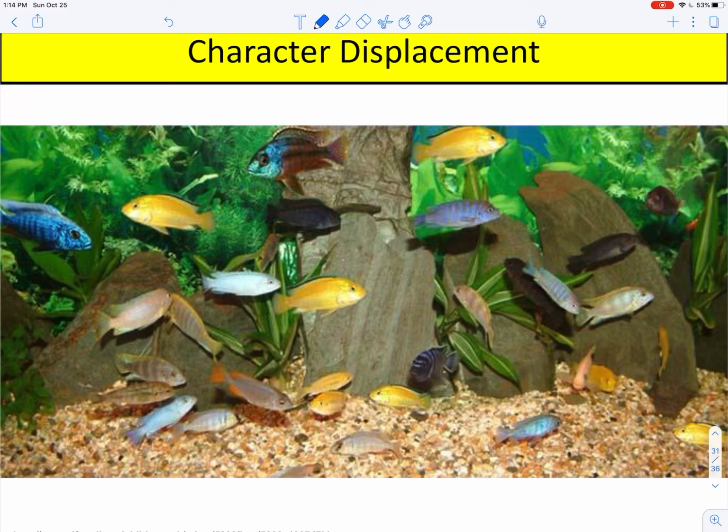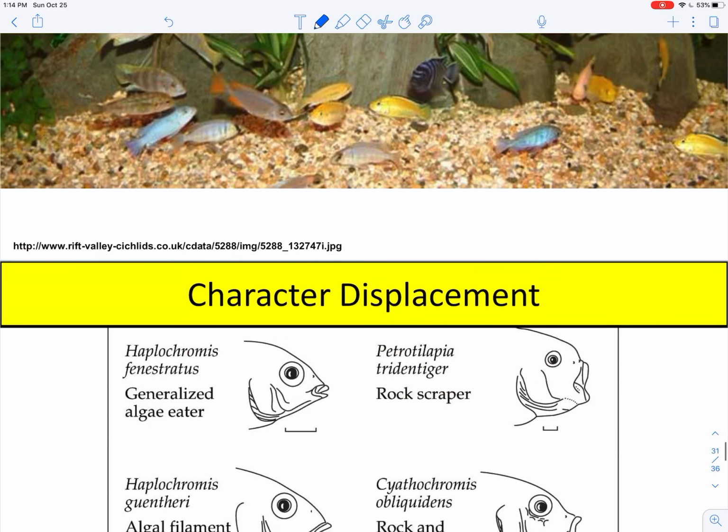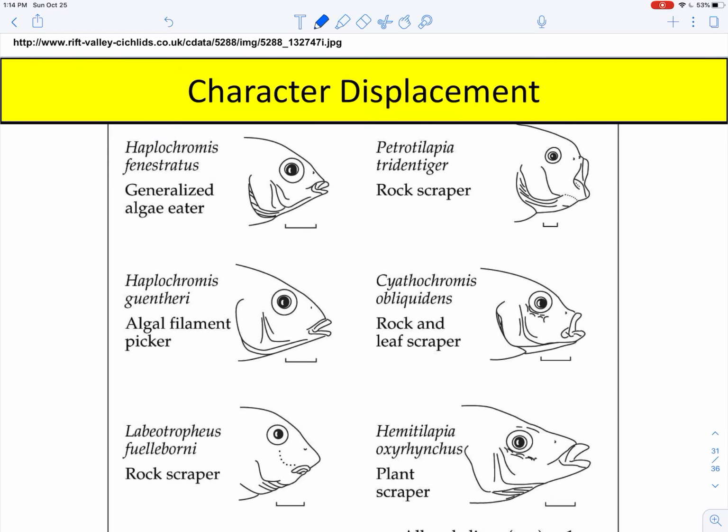So we're going to look at a series of pictures of fishes that can coexist together, and we're going to look at not only resource partitioning based on their feeding strategy, but also the morphological differences in mouth shape. Here we're looking at a variety of species that all feed on algae, but have become specialists for certain types of algae.